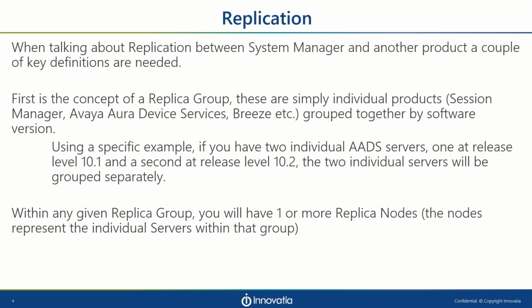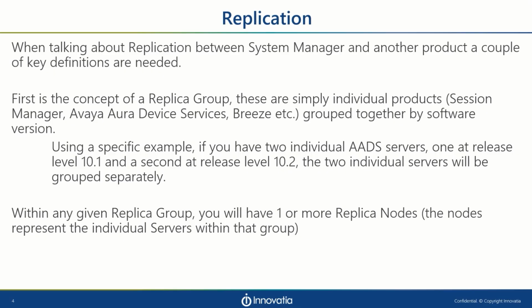So for example, if you had a Session Manager at release 8.1 and another Session Manager at release 10.1, those two individual Session Manager servers, despite the fact that they are the same product, because they have different releases, would be grouped in two separate replica groups.